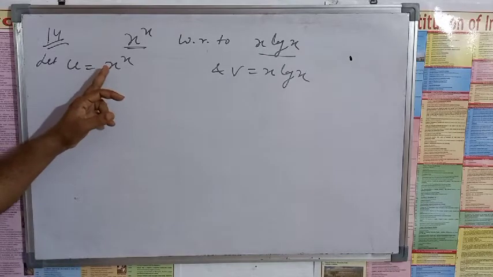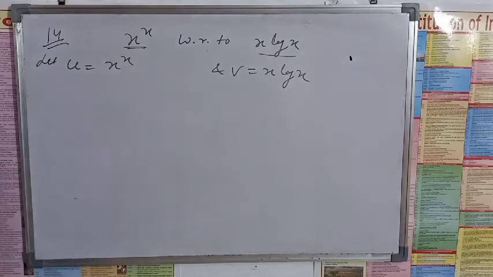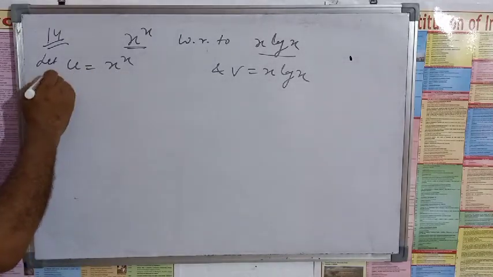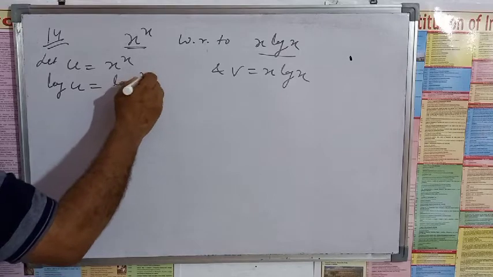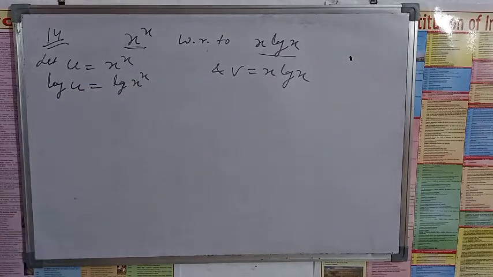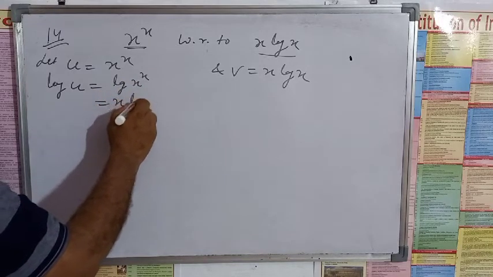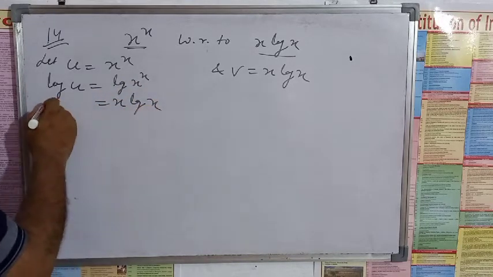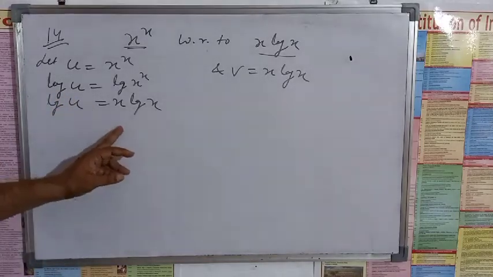It is a function to the power function, so we will take log on both the sides. Taking log on both sides, log u is equal to log x to the power x. Use the power rule for log m to the power n. It will be x log x.